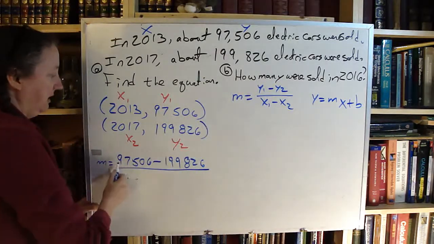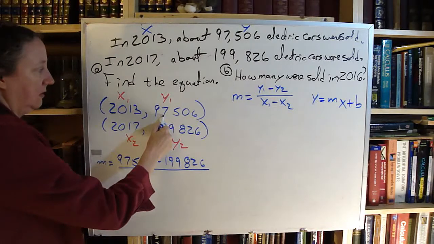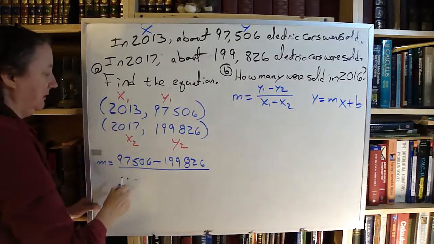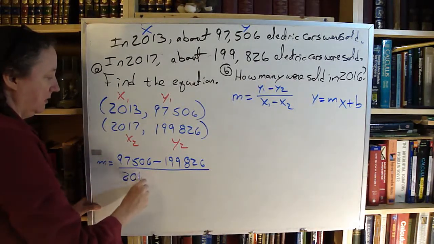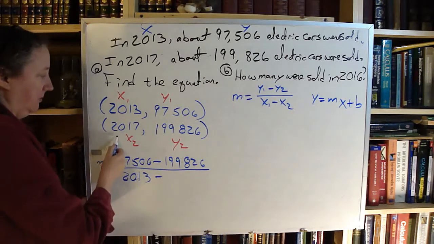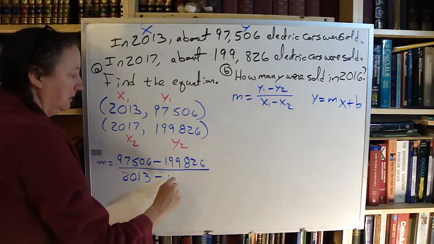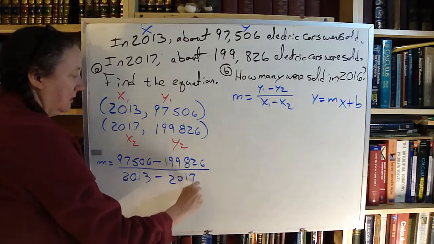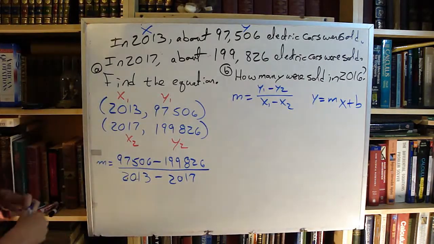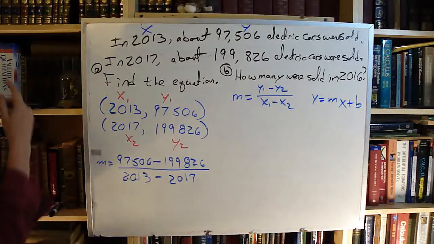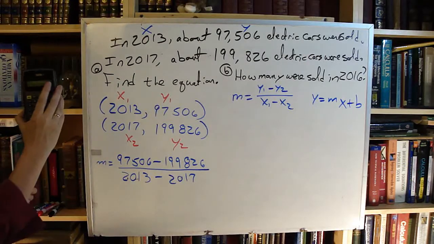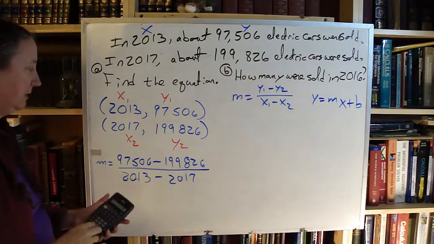I used my 97,000 first, so I have to use my 2013 first. Minus, my other number is 2017. I can't handle these numbers in my head. I definitely need to use my calculator for this.